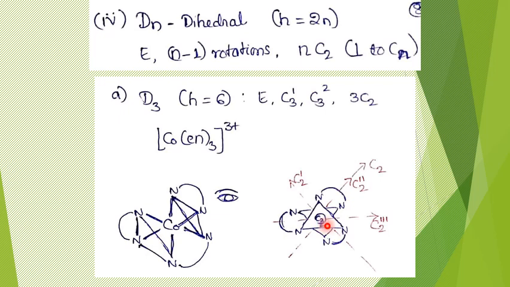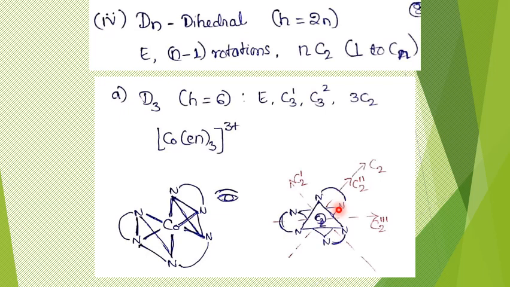But in this molecule definitely we have perpendicular C2s. Three such C2s are present, they have been indicated. If you can see, just consider this axis. This axis is passing through cobalt. Now on this axis, if the molecule is rotated by 180 degrees, see what happens. This nitrogen, which is present above, goes below and takes this position.